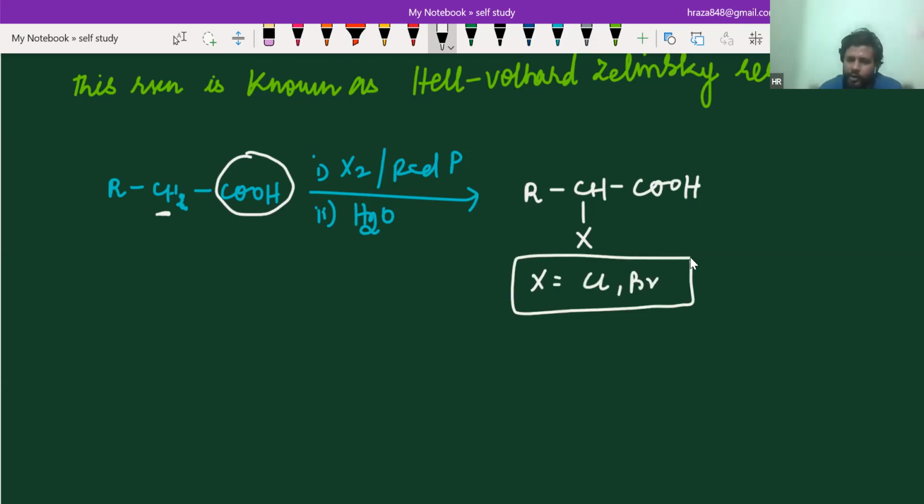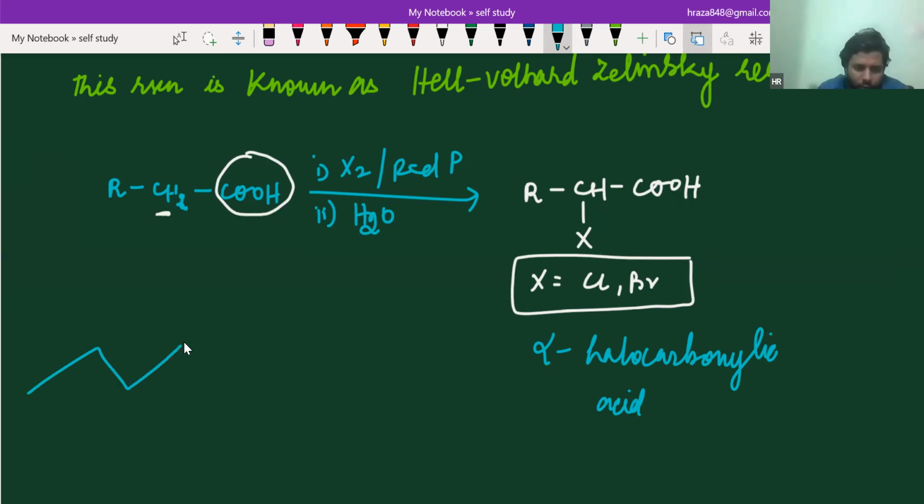Iodine is very large and fluorine is very small and has very high electronegativity, and this is known as alpha halo carboxylic acid. So it's a very easy reaction. You only need to replace this H with X. So if I give you a question like this, can you tell me the product?